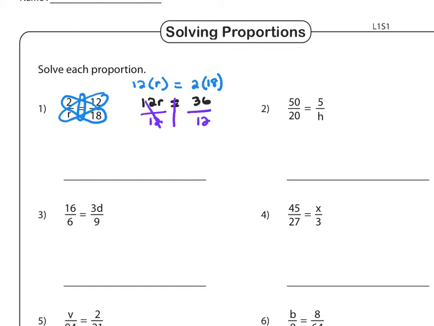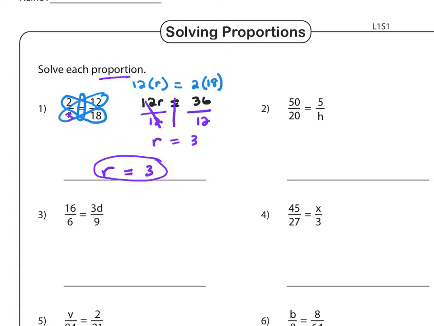And this cancels or becomes 1, and my answer is r, and then 36 divided by 12 would be 3. So this means the r would have to be 3 in order for this to be a proportion. The proportion is 2 equal ratios. So 2 over 3 is the same as 12 over 18.